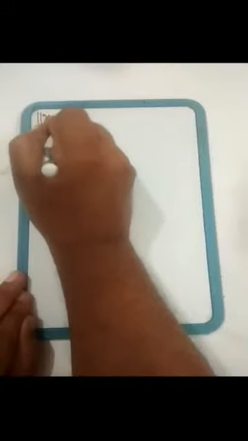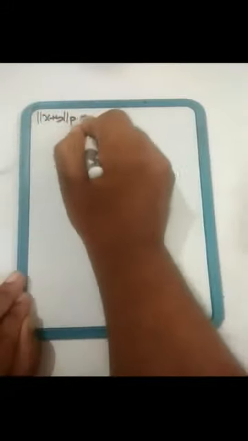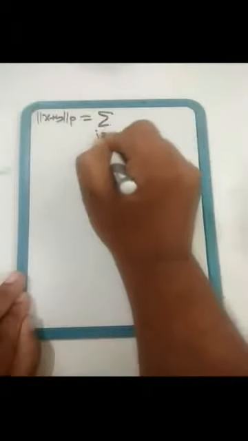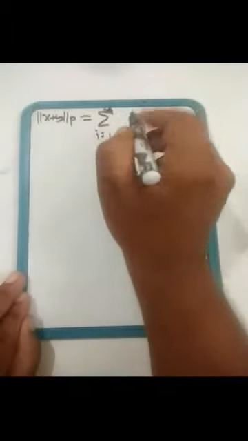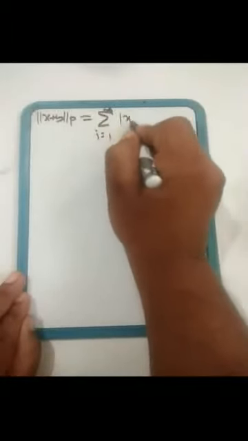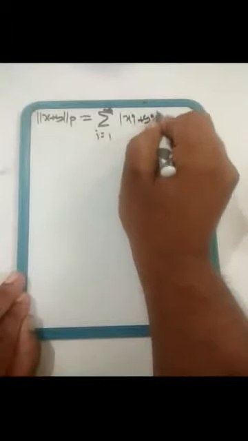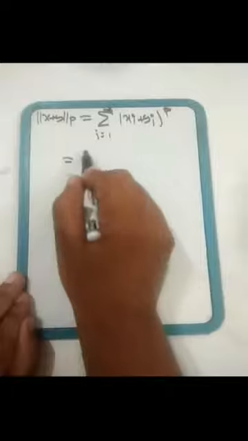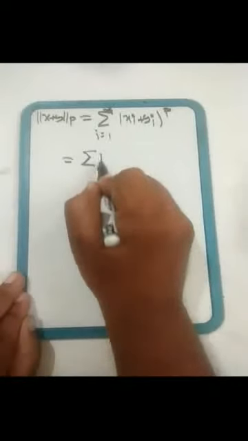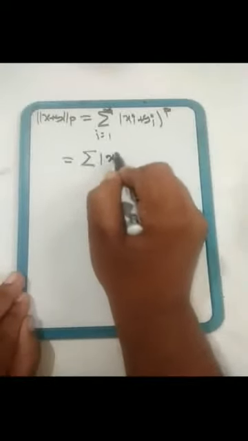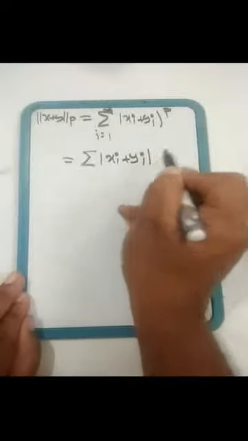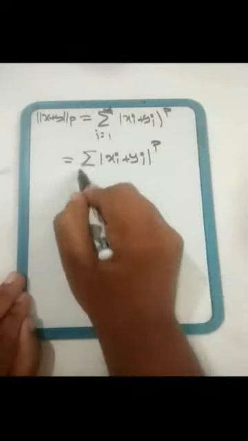So norm of x plus y is the sum from i equals 1 to infinity of mod of xi plus yi raised to p. Now this is the same thing as what? Summation mod xi plus yi. Of course we are dealing with the partial sums, just as a notation.